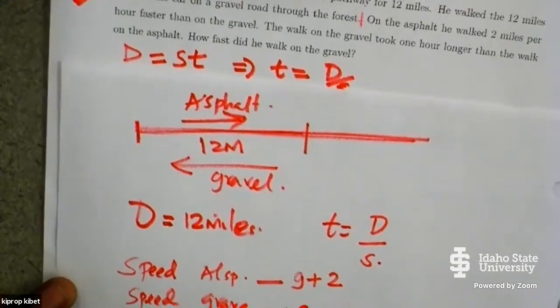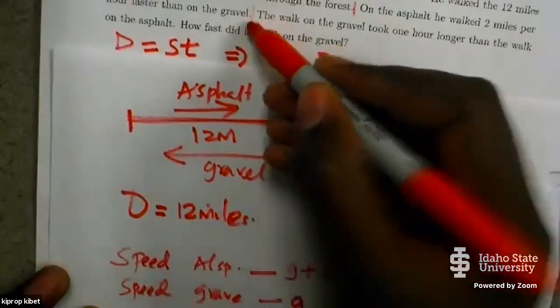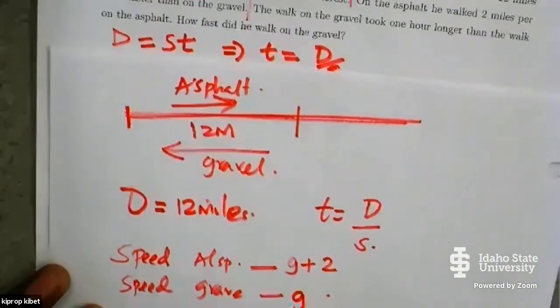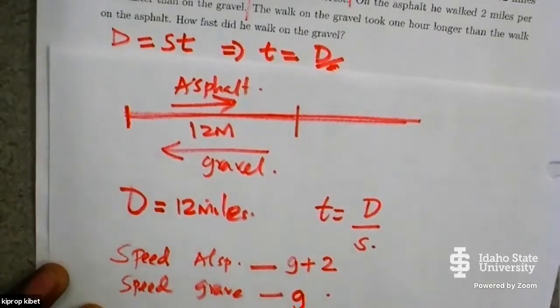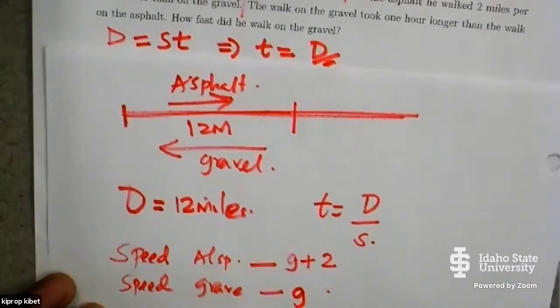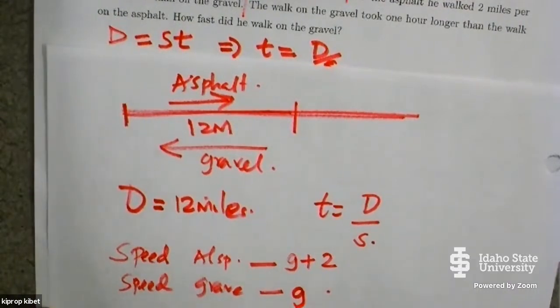So G is the speed on the gravel, and the speed on the asphalt is G plus 2. The walk on the gravel took 1 hour longer, so the time on gravel.